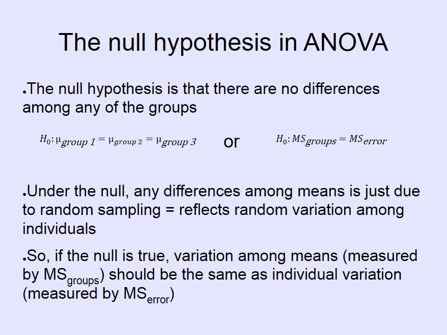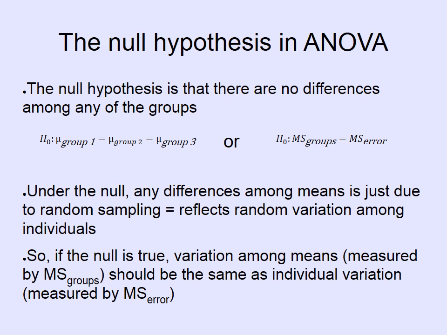The other thing to really think about, and this is important in terms of our F statistic, is that the null really is that the mean square of groups is equal to the mean square of error. I'm going to be calling this noise and signal to noise, but let's keep going.